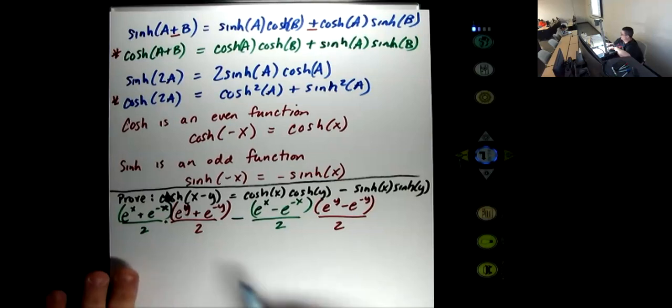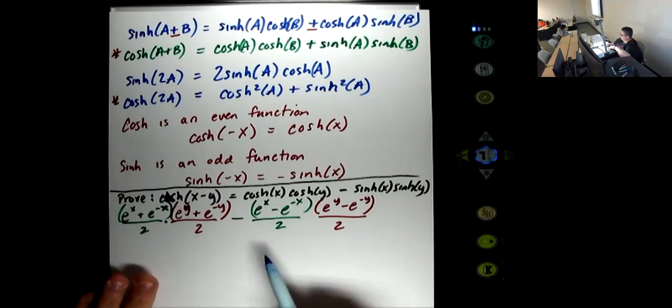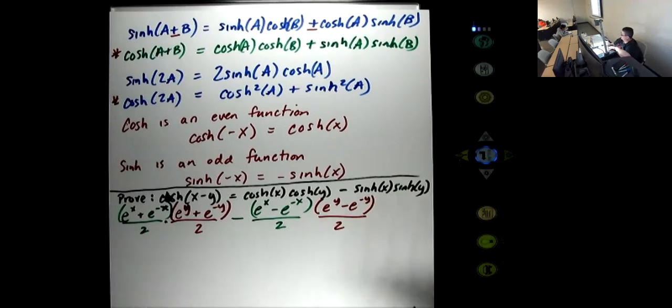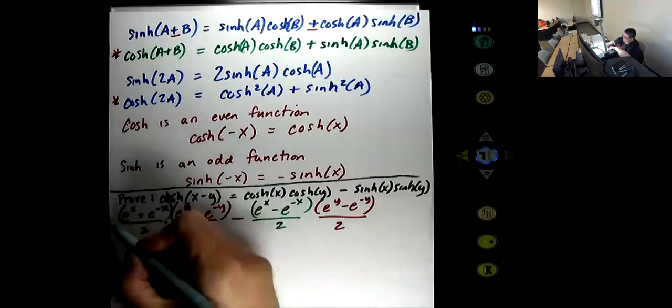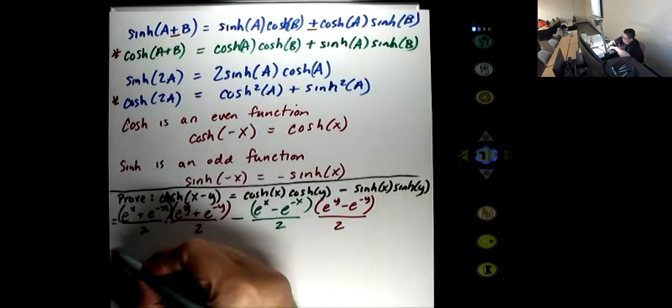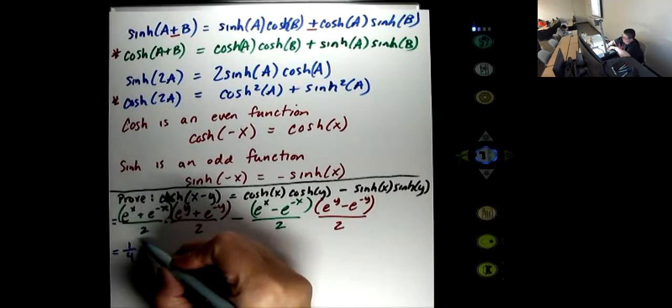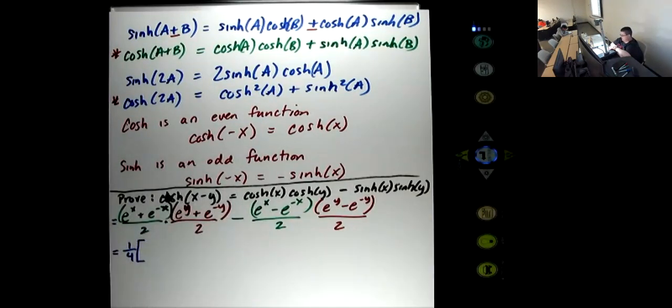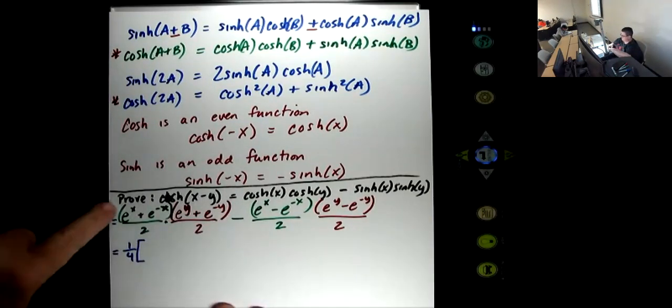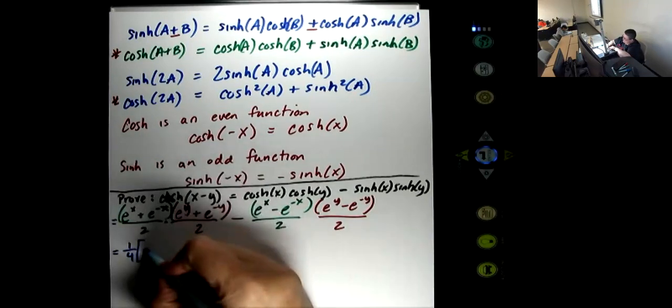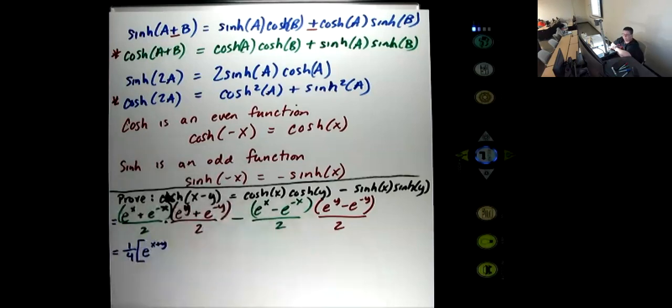Now, both of these, when I multiply together, are going to have a denominator of 4, right? 2 times 2 is 4 for both of them. I'm going to put the 1/4 out front. And then we're going to distribute. E to the x times e to the y is e to the x plus y.